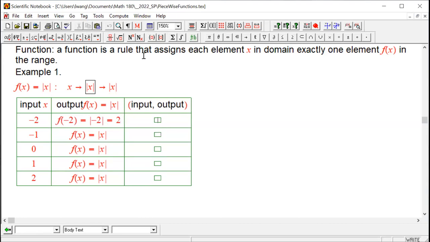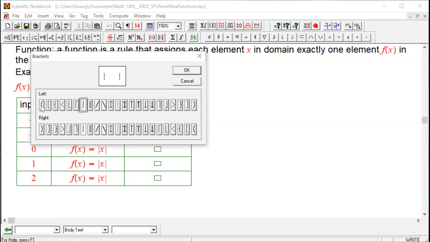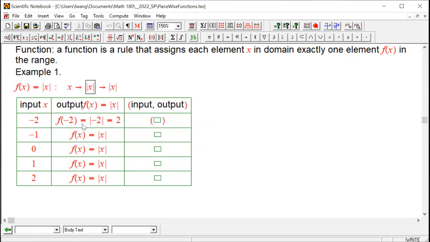So the absolute value of a negative number is the opposite of the input. The input is -2, the output is the opposite of the input. If the input is -1, the absolute value of -1 is the opposite of -1.